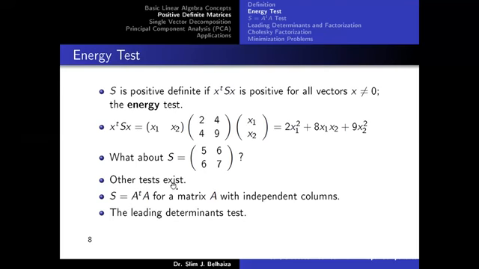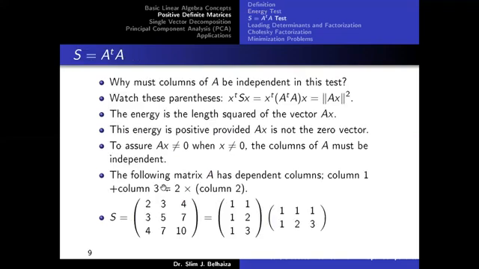Other tests exist, for example, the leading determinant test. And the main goal, for example, when S is defined to be positive, is that you end up with a kind of factorization that is QT times Q or AT times A, where the columns in A are independent.